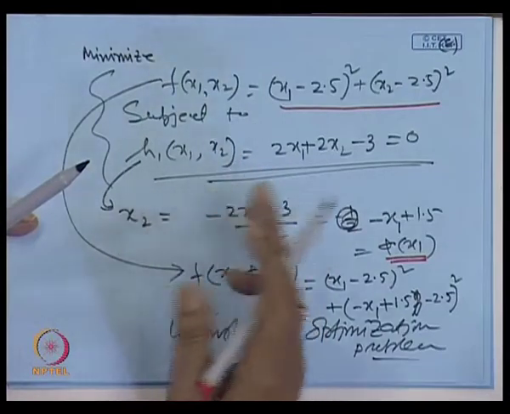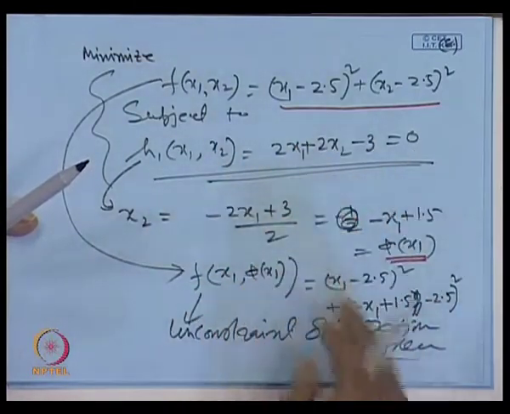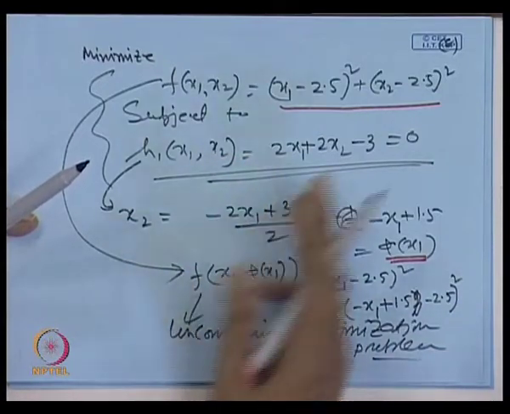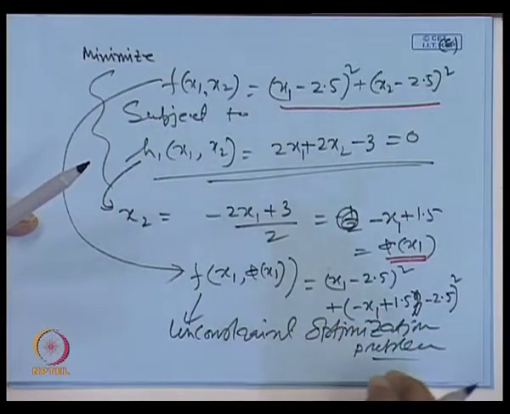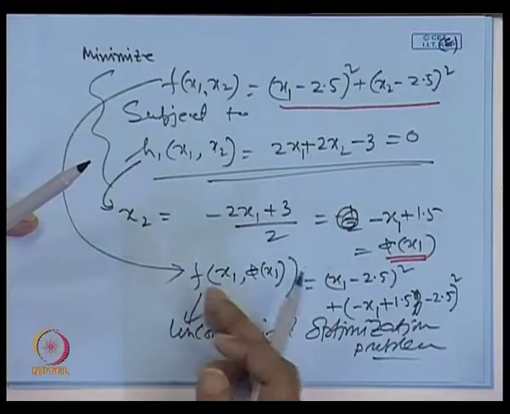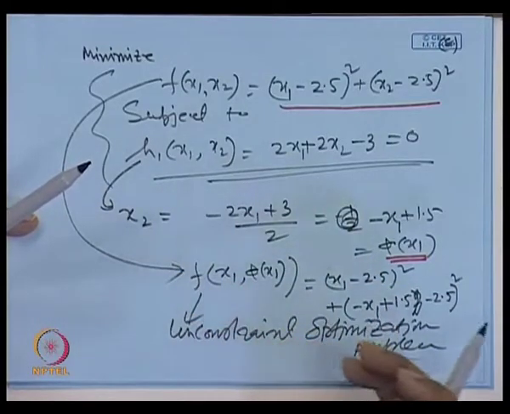If several equality constraints are there, it is not straightforward. Even for two equality constraints, it becomes tedious and complex. We can do it only when x 2 and x 3 can be expressed in terms of x 1 explicitly, then it is easy, but in most cases it is not possible.